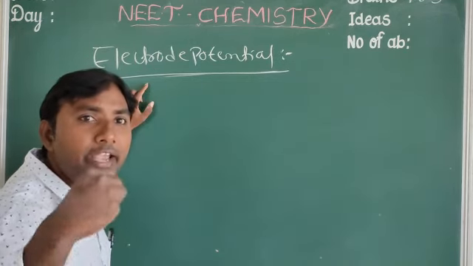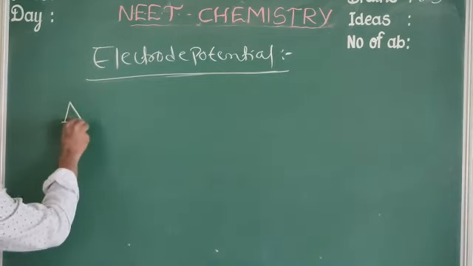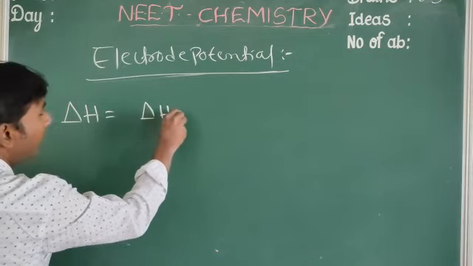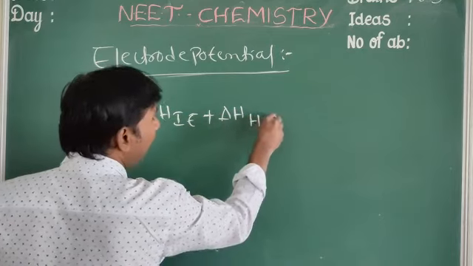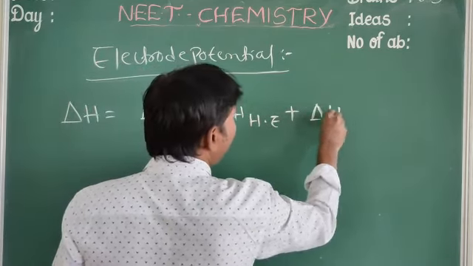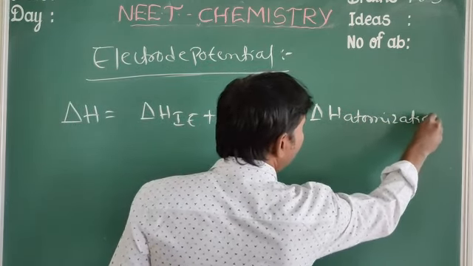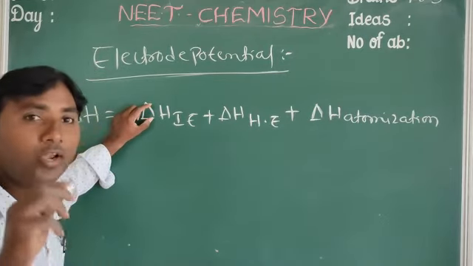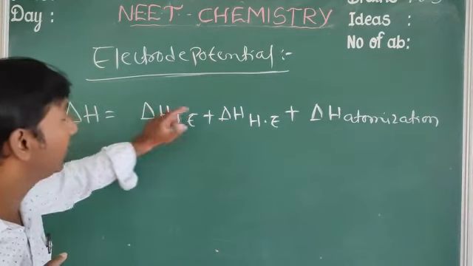So here we take total enthalpy change equal to the ionization energy plus the hydration energy plus the enthalpy of atomization. Ionization energy individually cannot explain stability of oxidation state.